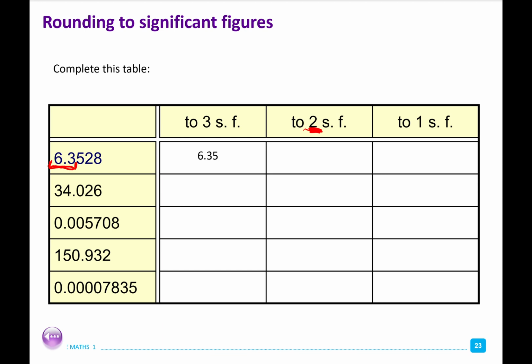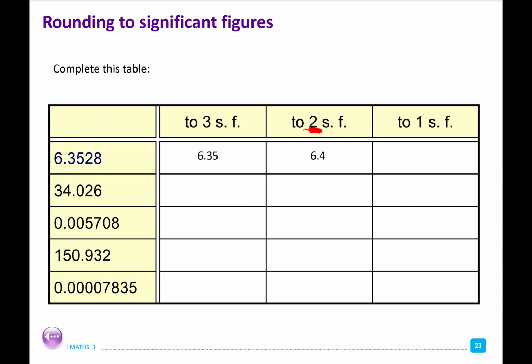I must look at my 3rd digit to see whether I round up or round down. In this case, my 3rd digit is equal to 5, and therefore I must round up the digit before it. This gives us 6.4.